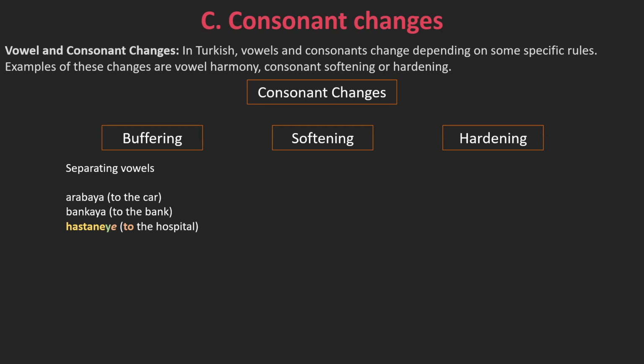Okay, and what is softening? There are more fancy terms for this, but I call them softening and hardening, so you will at least know what it means. It is about softening, so consonants become soft. And what is a soft consonant? This is again all about the linguistics.